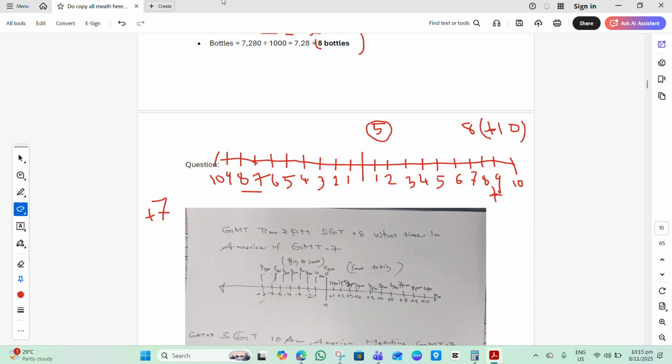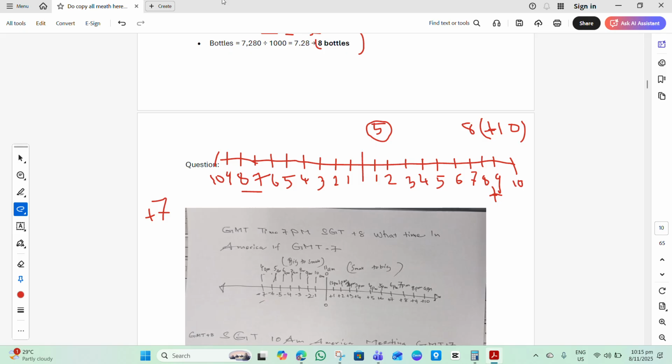So if you give the local time of one country, then we can find the other countries. Let's say the question is like that: your boss wants a meeting with the client.